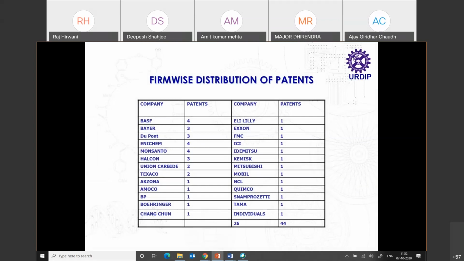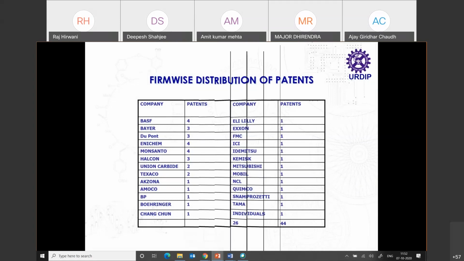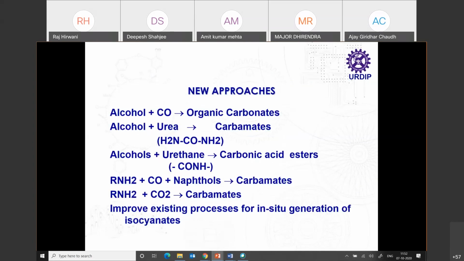We analyzed all 44 patents. Again, we'll not get into chemistry. It basically shows approaches, which means a particular approach on which more than one company was working. All 5 approaches were reaching the limits of chemistry.